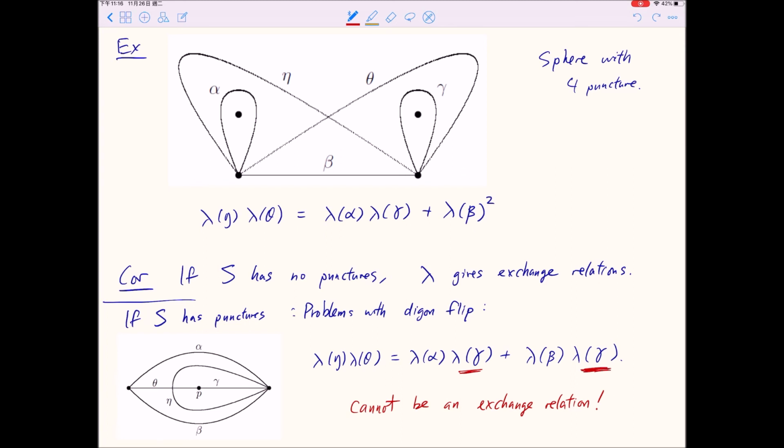So here the tagged triangulation will correspond also to some kind of version of tagged lambda length. To resolve this exchange relation problem, we just need to modify the definition of lambda lengths for tagged arcs. So instead of working with the standard triangulation, just like before, we should turn everything into the tagged version and introduce lambda length for the tagged triangulation so that we have a good exchange relation.